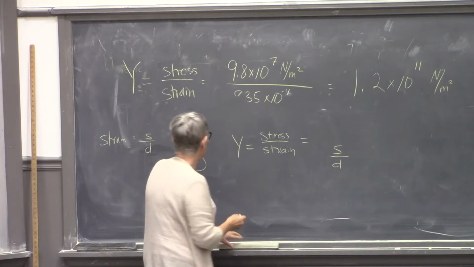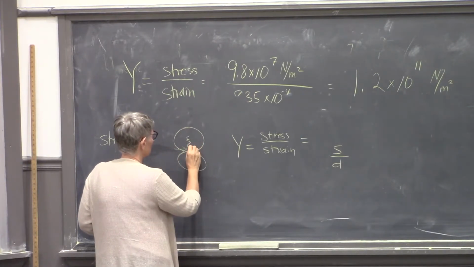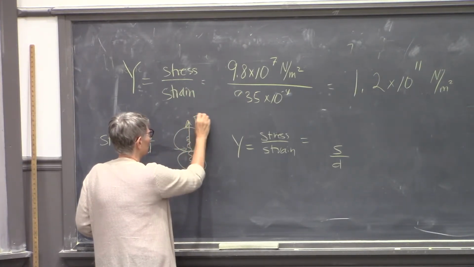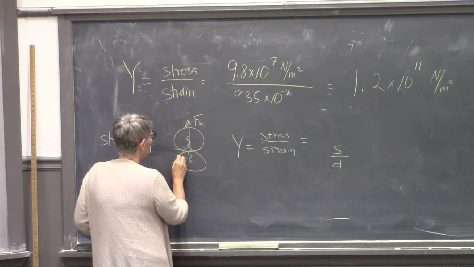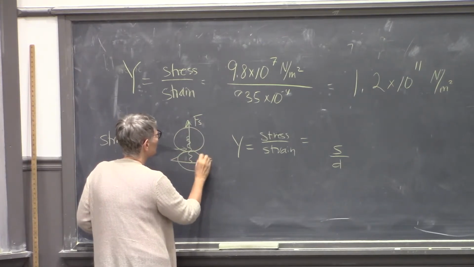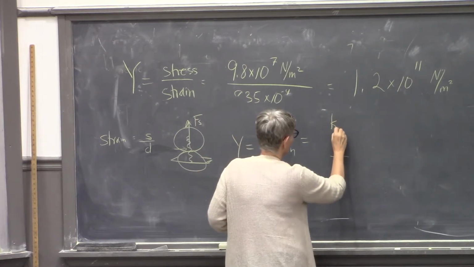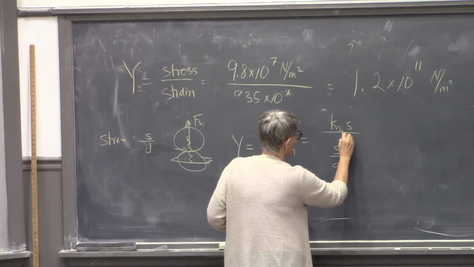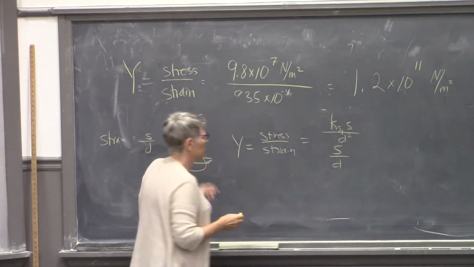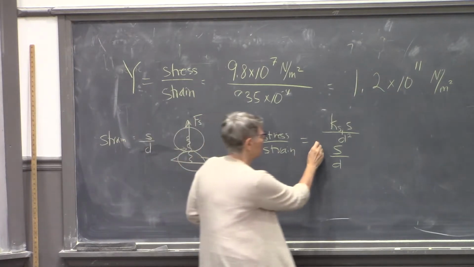What's the stress? Well, it's this force exerted by the spring over the cross-sectional area. So that's going to be the interatomic spring stiffness times the stretch over the cross-sectional area, which is going to be d squared.